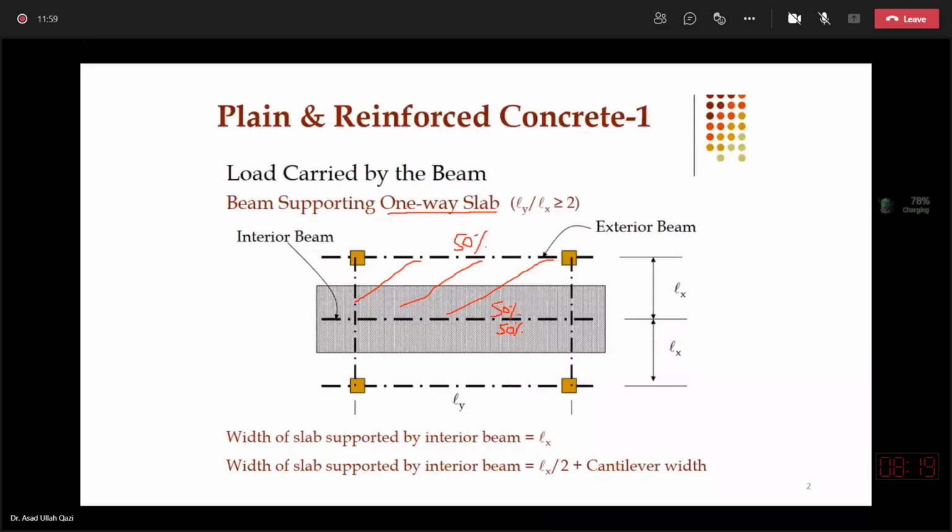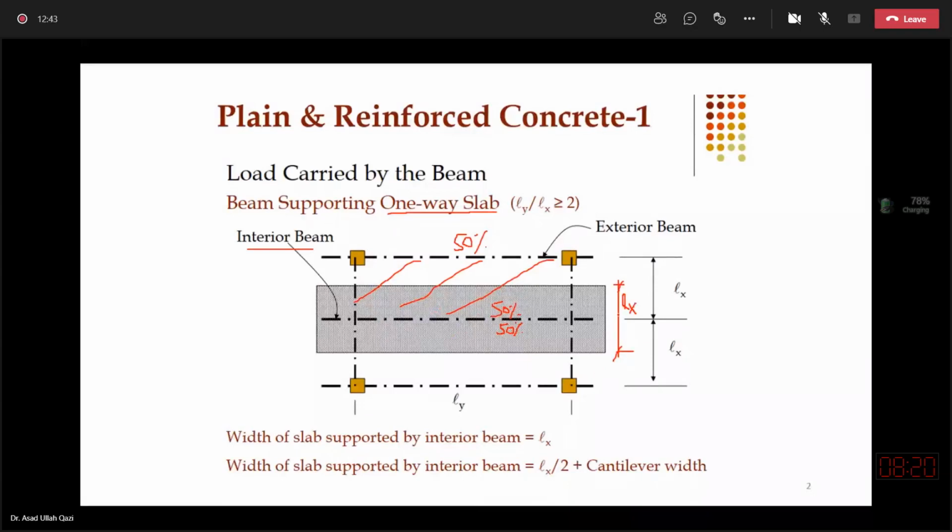So it means this interior beam is carrying 100% load because 50% from adjacent panels. So simply we can say that if I have the pressure value known on this slab, I can multiply that pressure with the transverse dimension, which in this case is Lx, because Lx by 2 from adjacent panels.